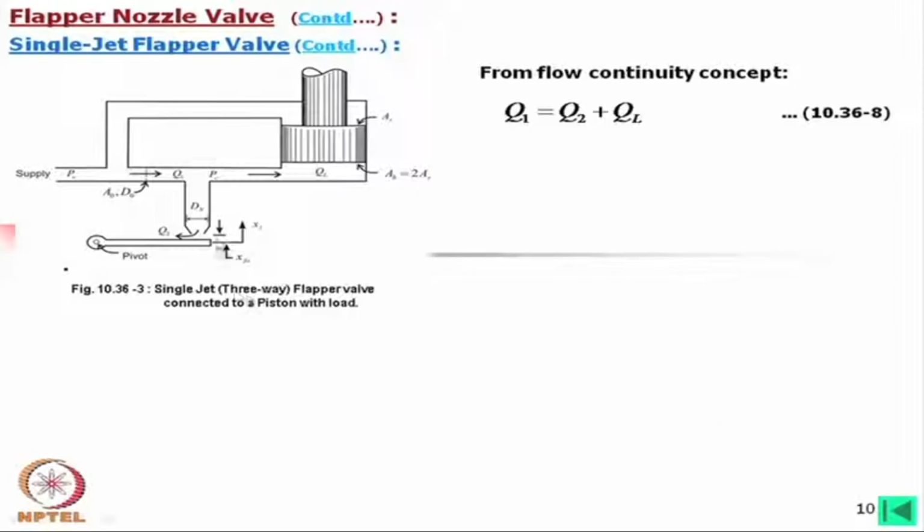That means this flow Q1 is divided, a part for moving the load and a part just exhausting. By controlling this, we can control this flow also. So, speed control is also done by controlling this flapper.